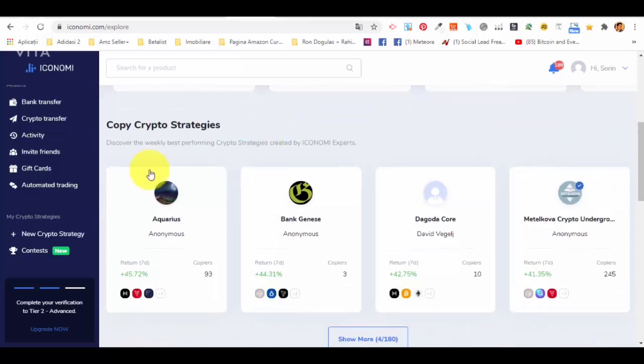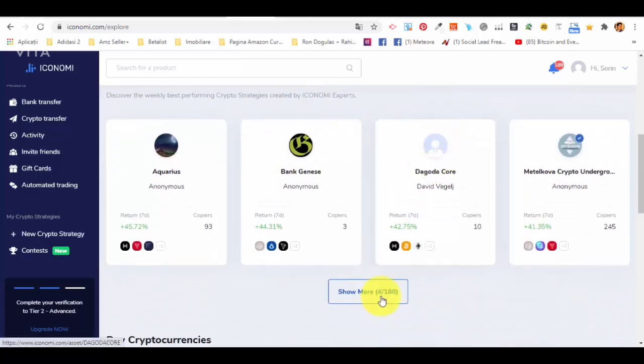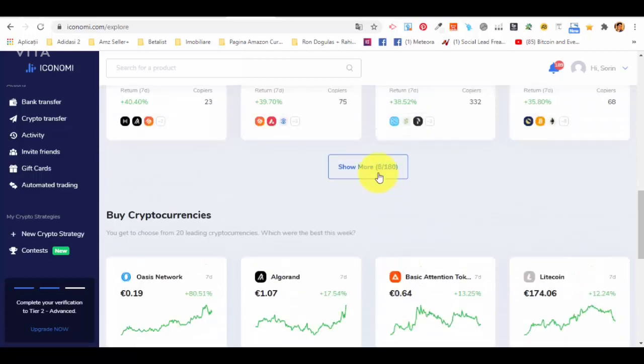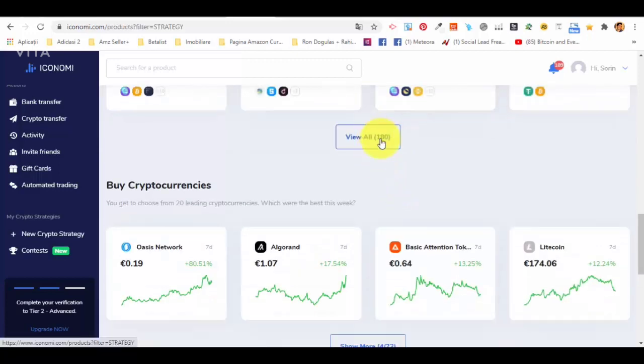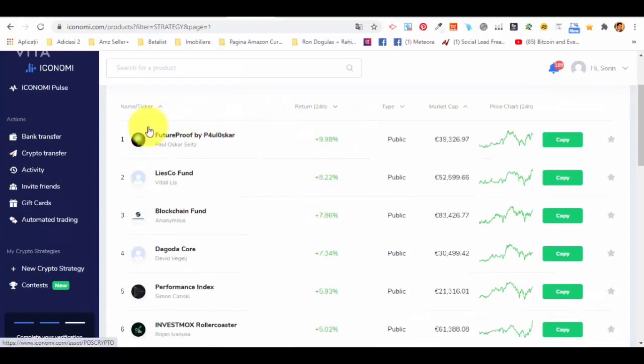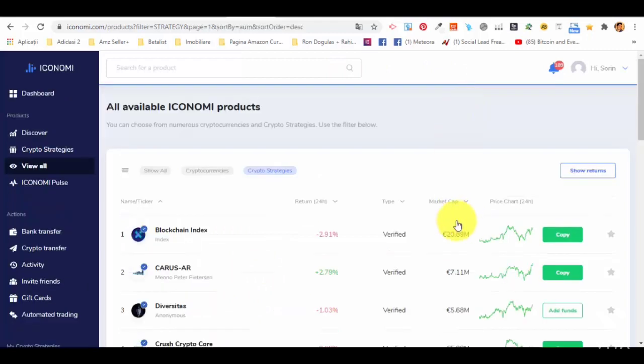Now if you want to see all of the strategies, you just scroll down. You see that there are around 180 strategies, and we can check all of them. Okay, and we can see all of the strategies here. It shows the return in the last 24 hours and so on. Now what we are looking at is the market cap.